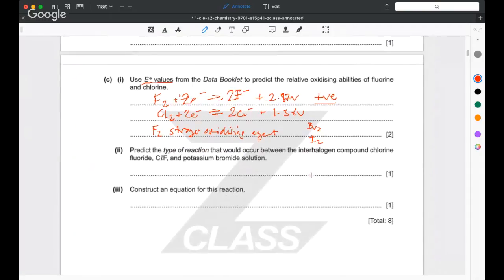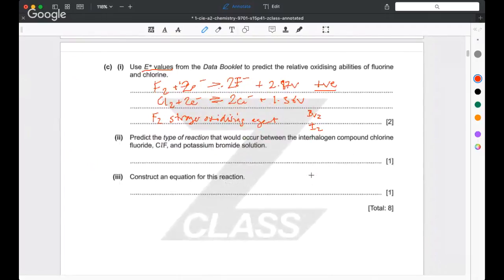Now, you've got to use that kind of information here, because if you go up to the top of the halogen group, they're more oxidizing. Yes? Because fluorine is more oxidizing than chlorine, chlorine is more oxidizing than bromine, bromine is more oxidizing than iodine.